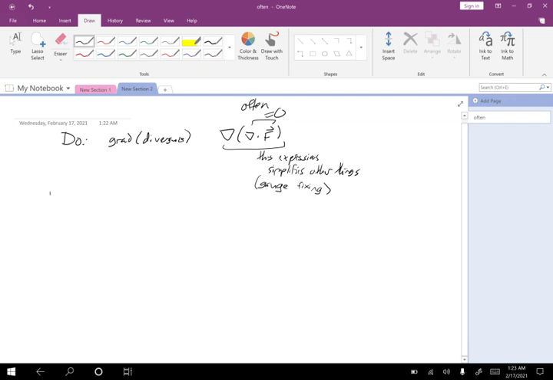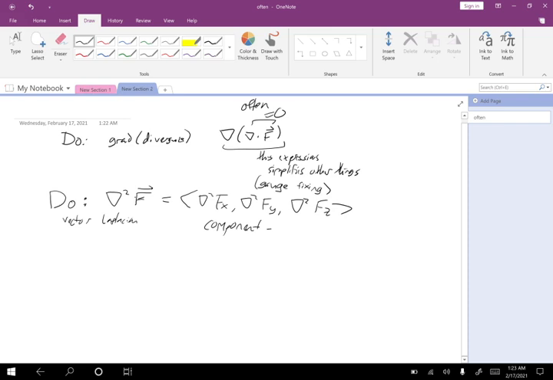So, what's another do? You can take the Laplacian of a vector field. And this is called a vector Laplacian. Really what this is, is just the Laplacian applied to each component. You can think of it as the component-wise Laplacian.